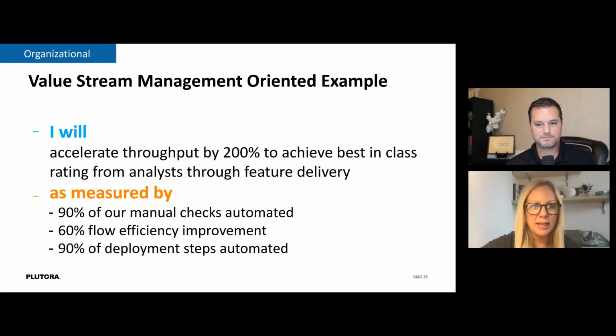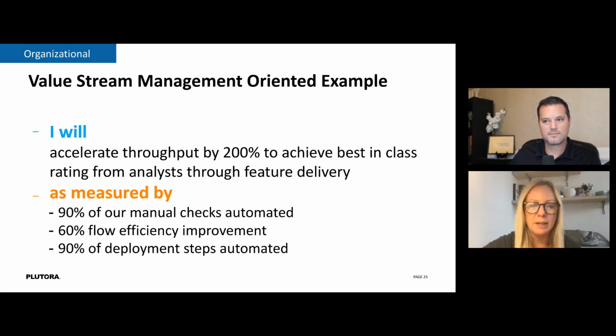And then we've got another one here, which is for our organizational level. So this is about getting a best-in-class rating by automating manual checks, getting the flow efficiency improved, and getting a number of deployment steps automated, which I think actually speaks quite nicely to Anshul's question earlier on.